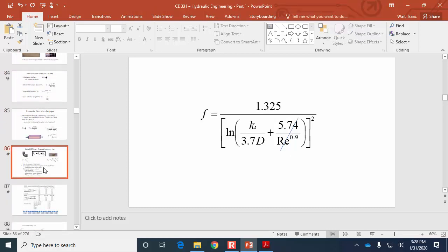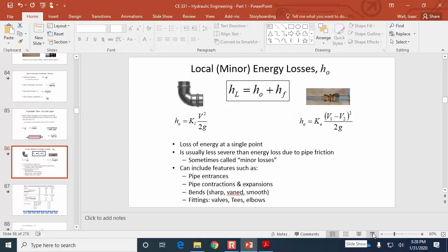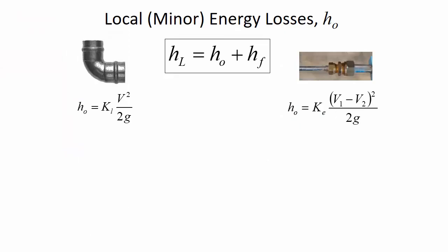Okay. The other thing we're going to be talking about today, besides non-circular conduits, is local losses. We talked about this in fluid mechanics briefly, and in fact, we even characterized some of the local losses.